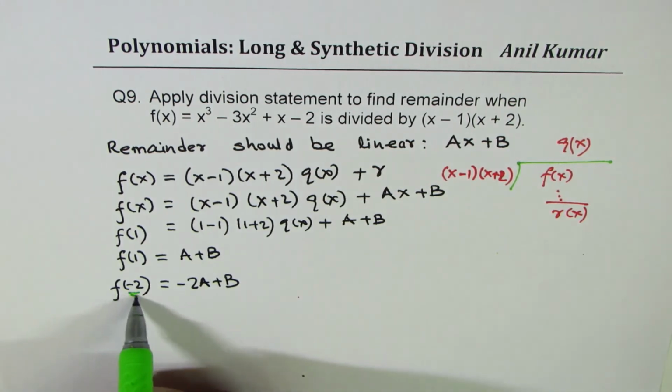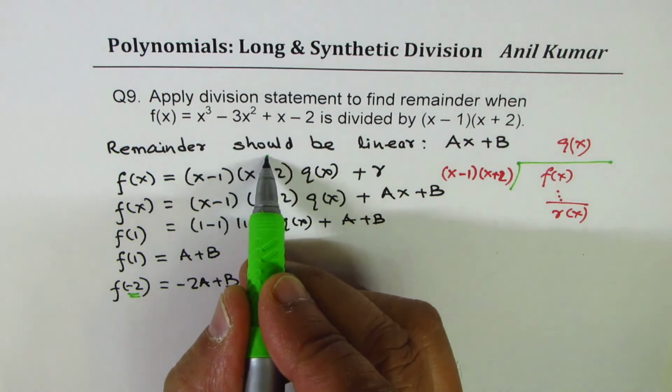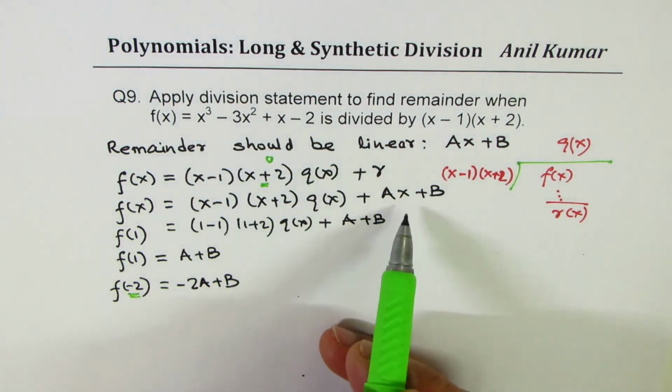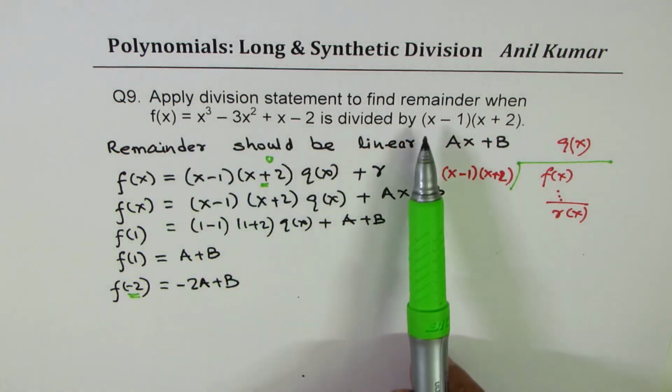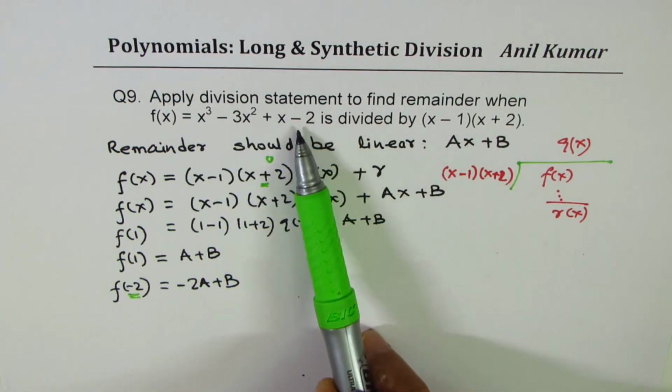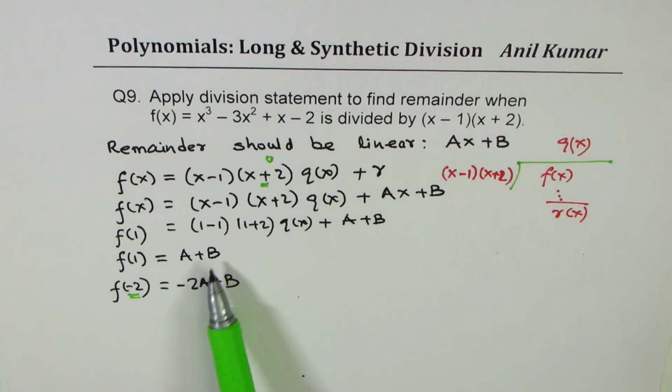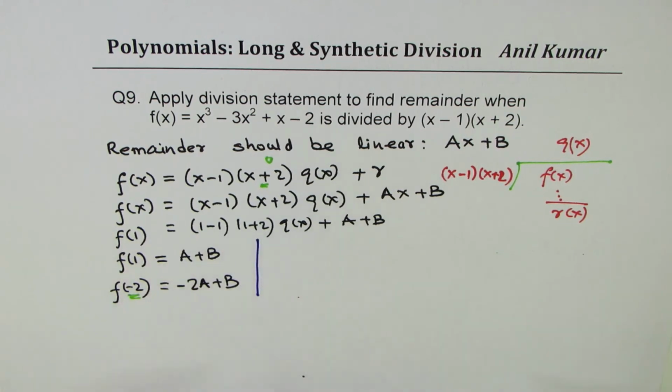If I substitute minus 2, this term becomes 0, so we are left with minus 2 times a plus b. So that really means that if I know what f of 1 is and f of minus 2 is, I can find a and b. We've got two equations and two unknowns. Perfect. So let's find what f of 1 is and what f of minus 2 is, and then it should be simpler for us to solve these equations.